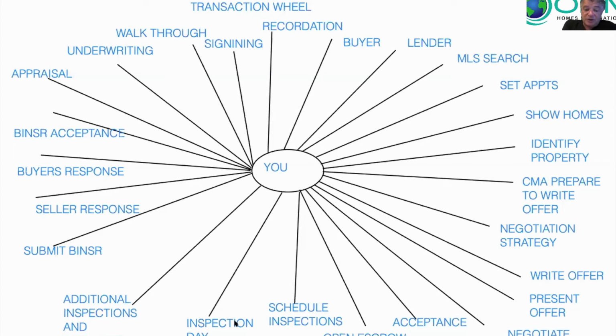So after we get the general inspection back, then we should now be in possession of a roof inspection, a general inspection, a wood inspection, maybe a sewer scope.